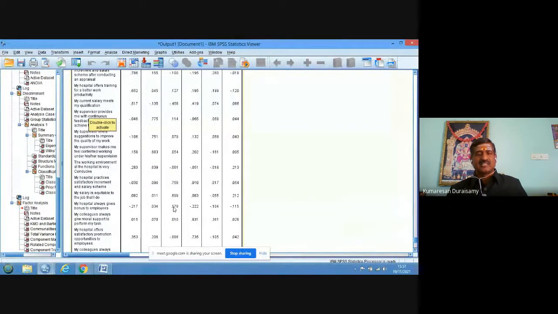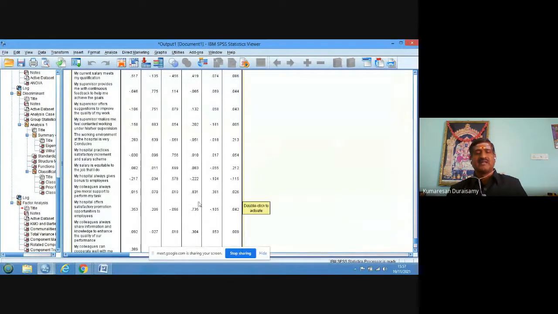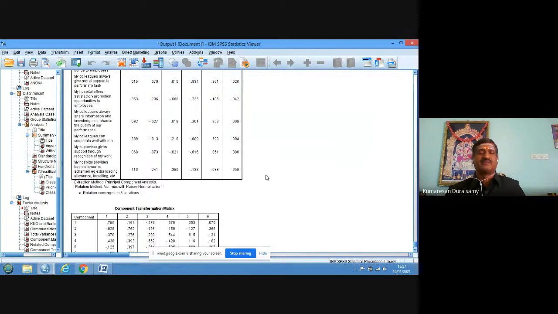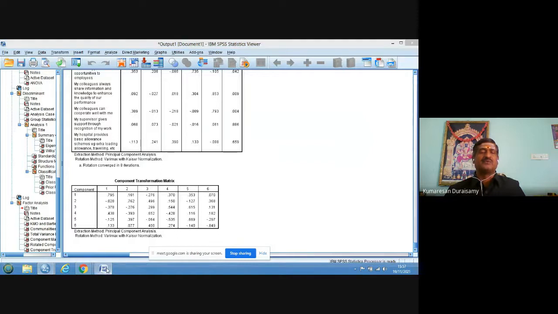Look at this. Next one also. Then for the next factor, the fourth component has the highest value. Similarly, next one, fifth component, these two. Then the last two factors, the sixth component has the highest value.